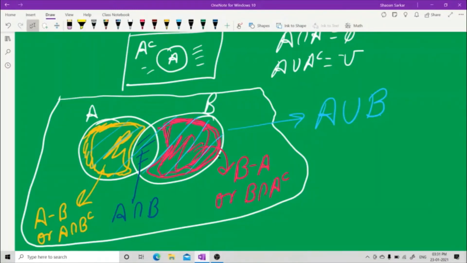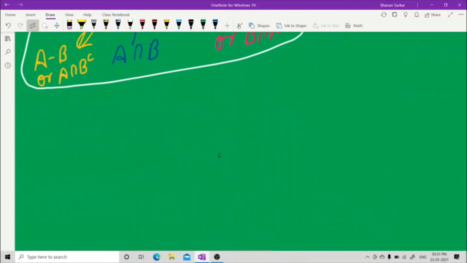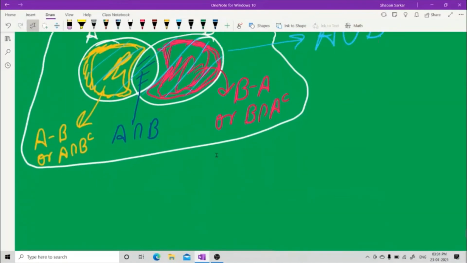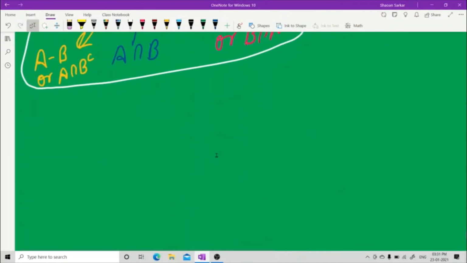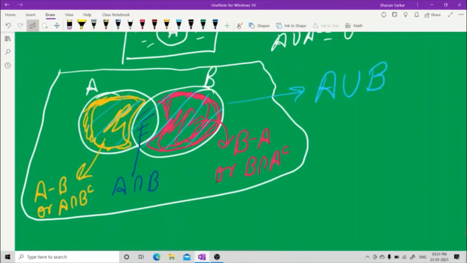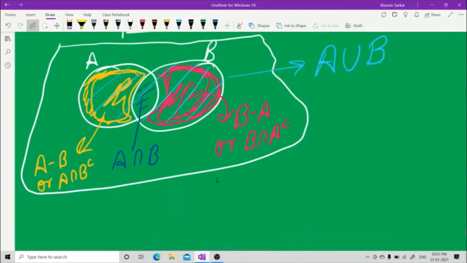Now, we will see more into this. Now, you will see something very important. Let's keep the figure and see one very important thing. See, A is this much portion and this much portion.